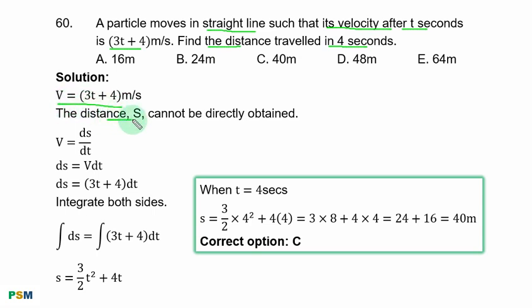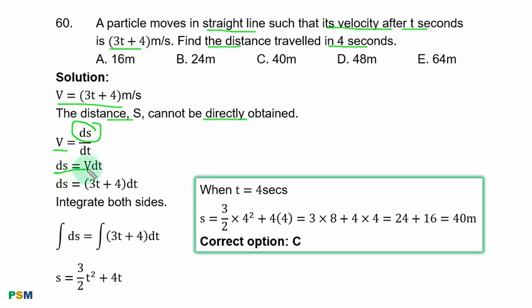Distance S cannot be directly obtained, but velocity is equal to ds/dt. That is change in distance to change in time. From this place, we can get distance. So let's clear fraction by using dt to multiply through.